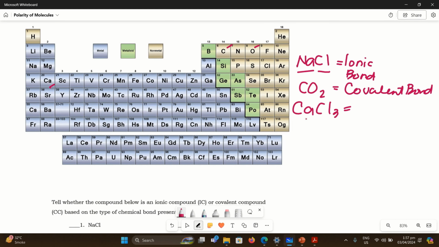Kasi from that pa lang, na nalaman mo na siya na metal, madidetermine mo na siya na ionic bond. So it is very easy, right? So that is Cl, that is non-metal. So that is IC or ionic bond, kung ano man yung ating instruction here. So that is very easy.